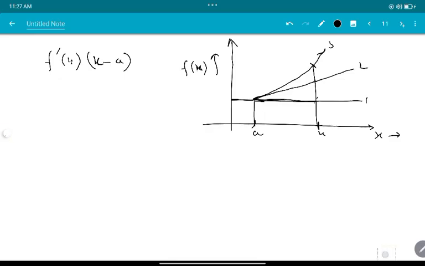Perhaps you would be tempted to say that, sir, we can do the same thing here. To measure this distance, let us multiply f''(x), the second rate of change of f'(x), because now this f'(x) is changing.